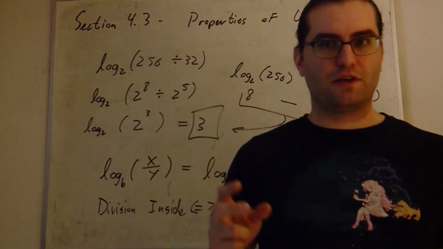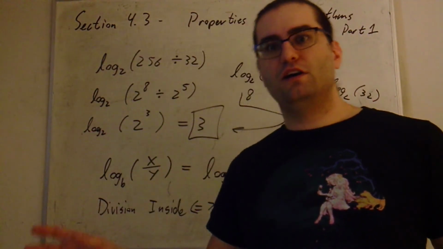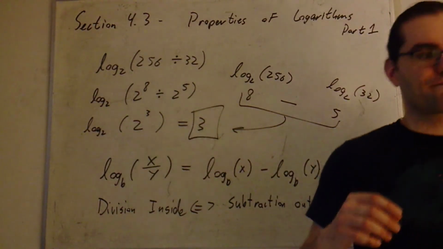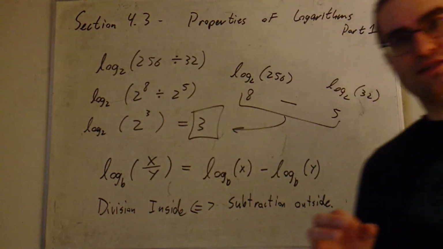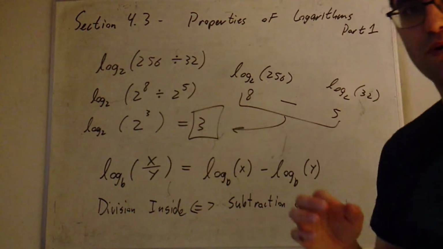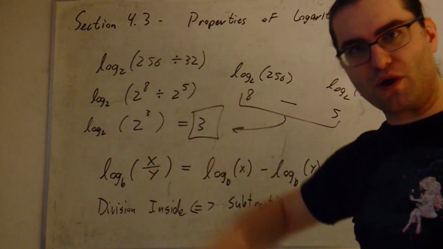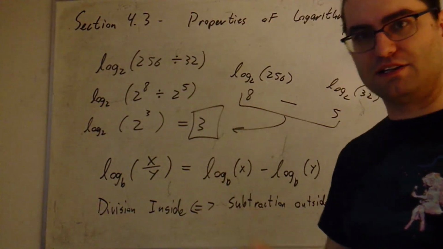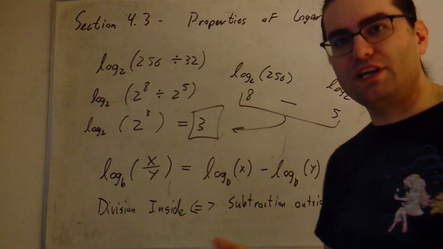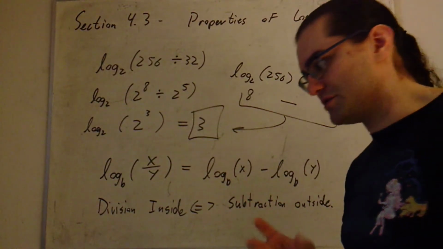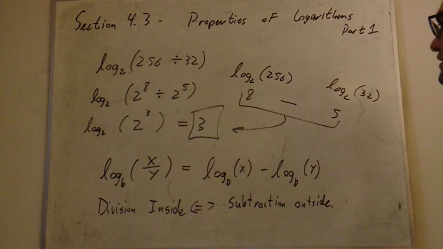Multiplication inside became addition outside. So write these things down very carefully. Put a little bookmark in your notebook on the page where you write all these properties down so you can get it easily. It's really easy to get these things mixed up and confused, and I don't want you to do that.